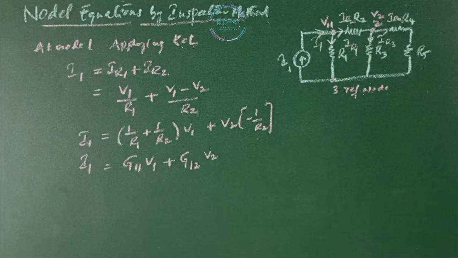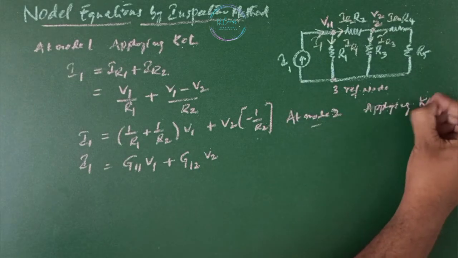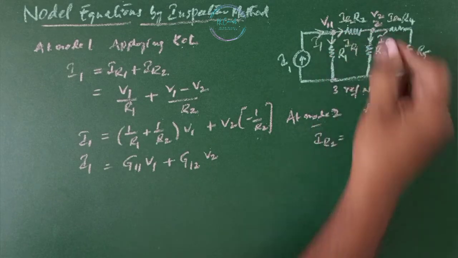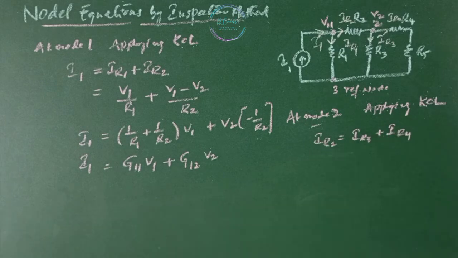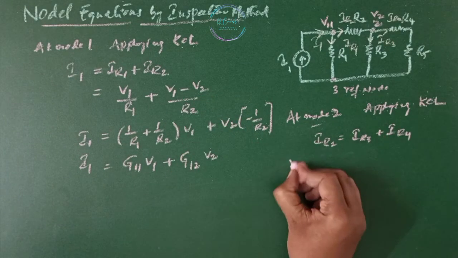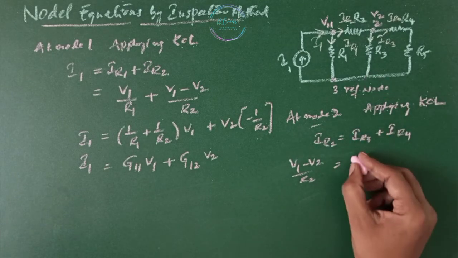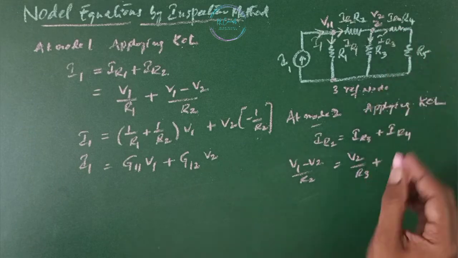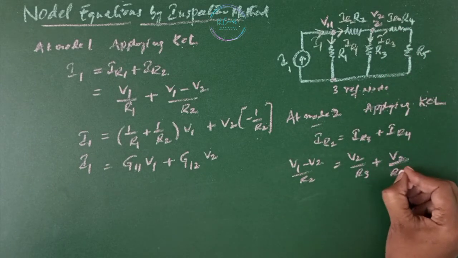Similarly, at node 2, applying KCL, IR2 is coming in, which equals IR3 plus IR4. So IR2 is (V1 minus V2) divided by R2, which equals IR3, that is V2 by R3, plus IR4, that is V2 divided by R4 plus R5.